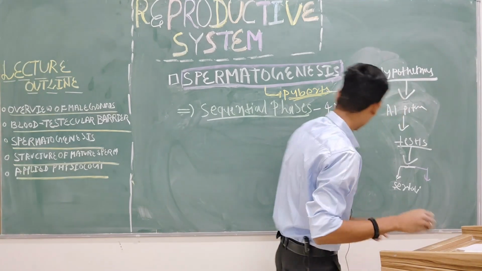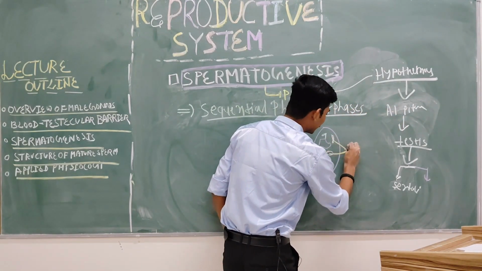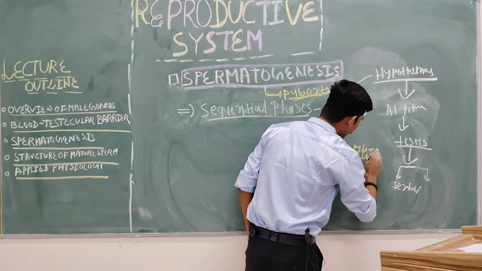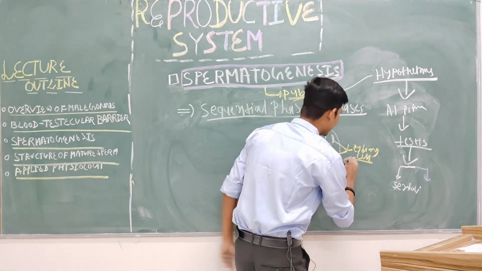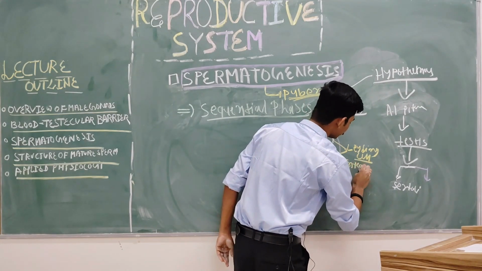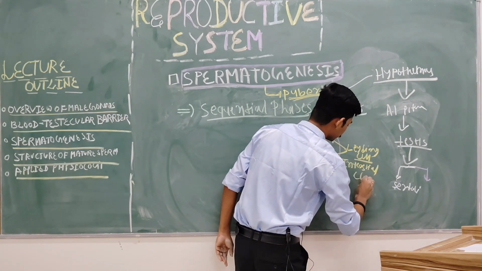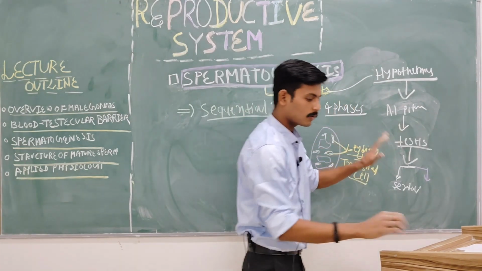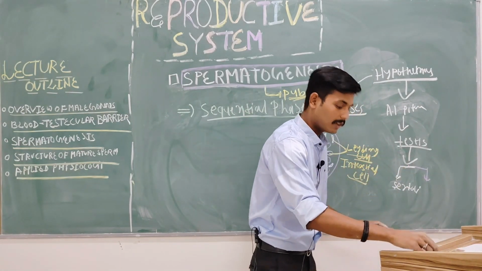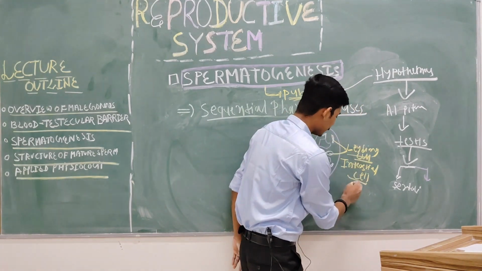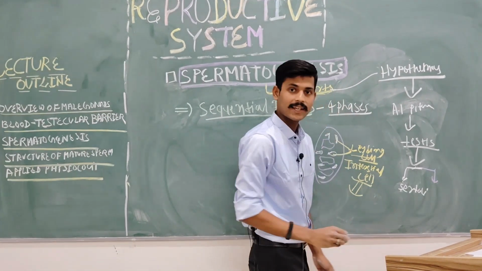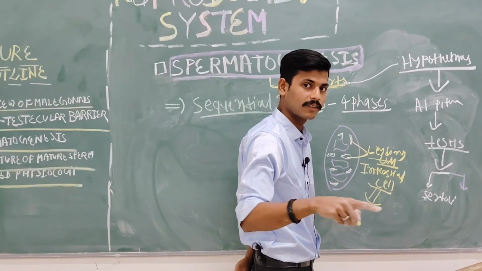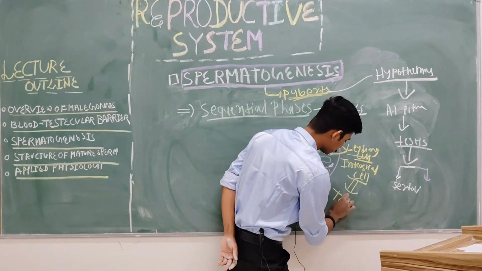These cells are called the Leydig cells, also known as the interstitial cells. Why am I emphasizing this cell? Because by this cell there is formation of the male sex hormone, that's your androgen, and the principal androgen is testosterone.